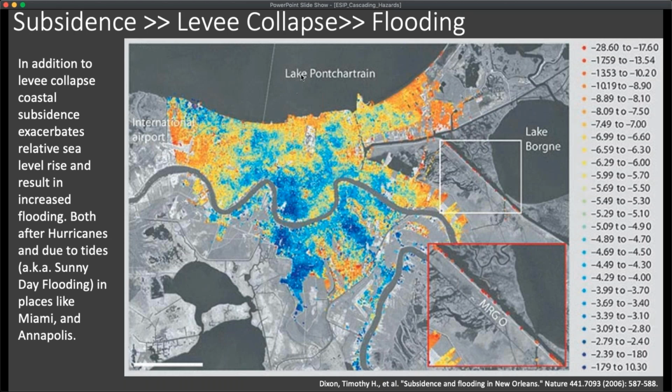If we look at the levee along the MRGO, or as we would refer to it, the Mr. Go levee, you can see that they actually have relatively high subsidence rates on the order of 20 millimeters per year. And that was the levee that failed, resulting in a lot of flooding in urban areas.